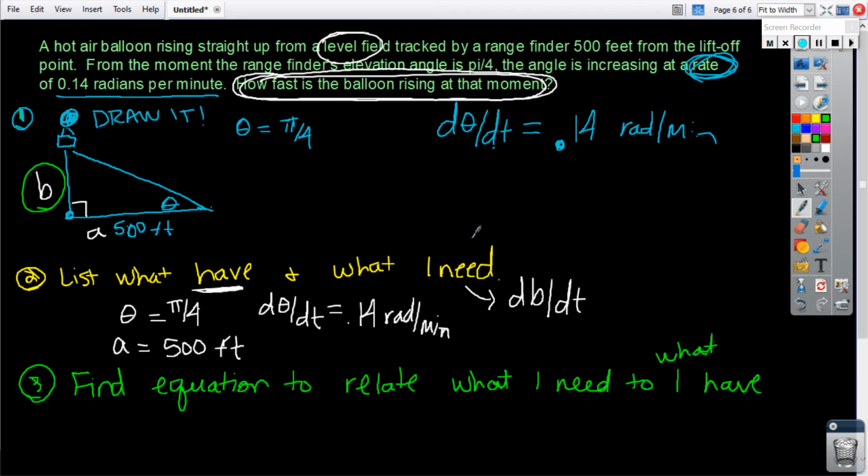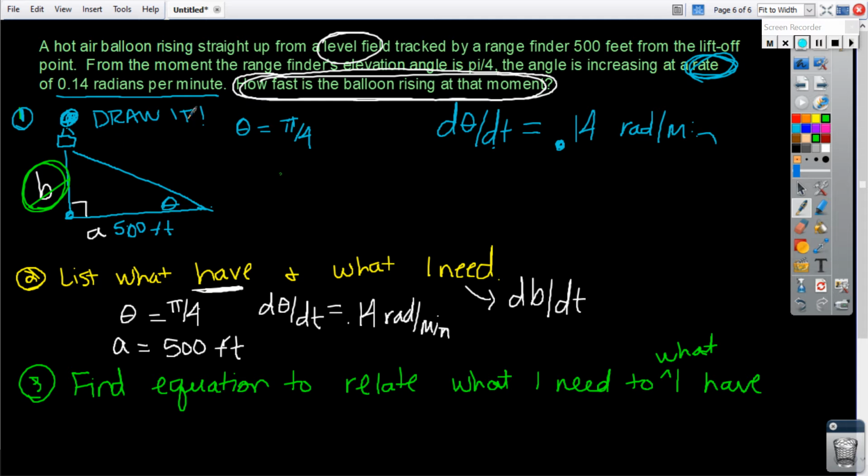As you look, I have a right triangle, and I need B here. Is there any way for me to relate these side lengths with this angle? I hope you can see that this is a trig function.